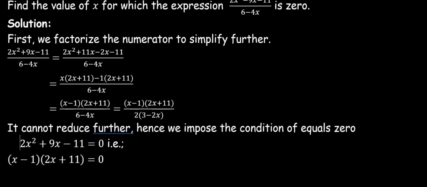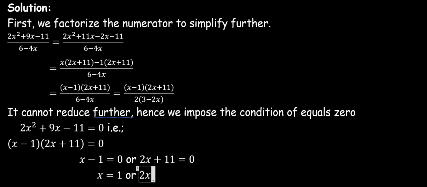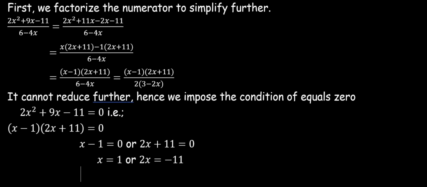That is to say, x minus 1 is equal to 0, or 2x plus 11 is equal to 0. From here, we know that x is equal to 1, or 2x is equal to minus 11. And from there, x is equal to 1, or minus 11 over 2.